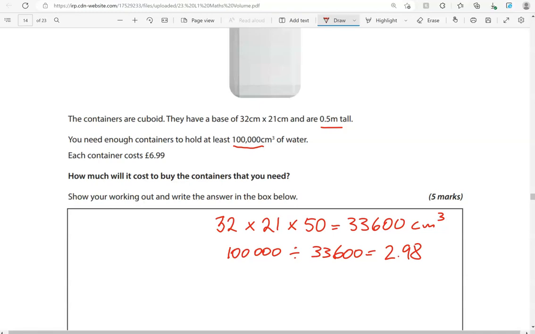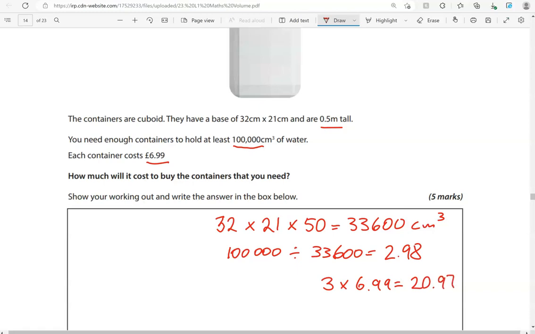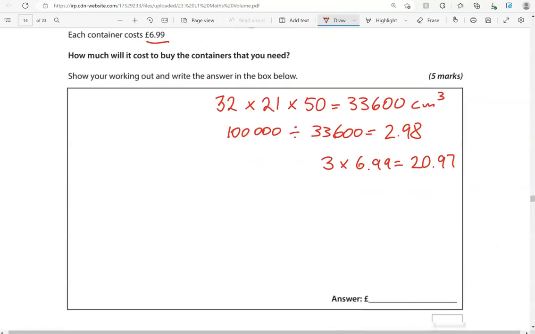Of course, you can't get part of a container, so we're going to say 3 containers. At £6.99 each, that gives us 20.97. So that is £20 and 97 pence.